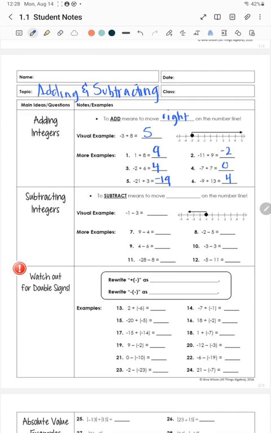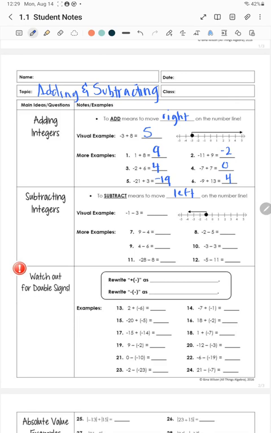All right, and then subtracting obviously is the opposite. We would move to the left. A visual example: if we started at negative 1 and we moved to the left 3 more, because it says taking away, right?